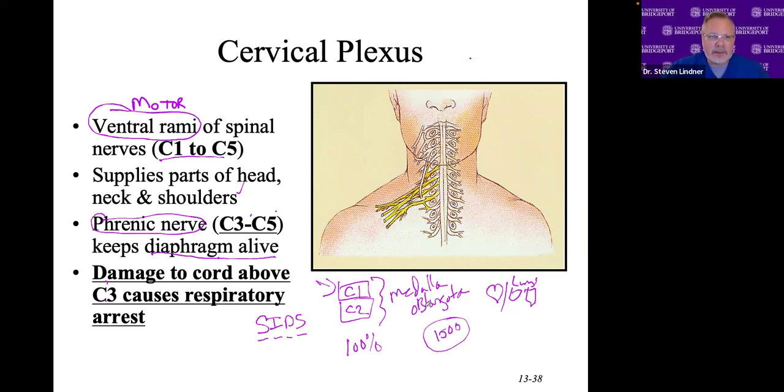Typically when a baby is face down and the head is rotated, which cuts off the nerve supply even more where the medulla is because atlas creates rotation. So if you impede neurological function in that part of the brainstem, you can understand why heart and lung function can be compromised. That is SIDS, sudden infant death syndrome.